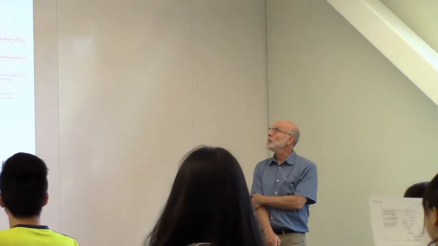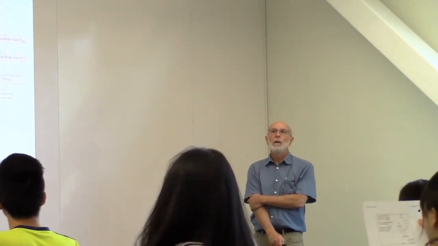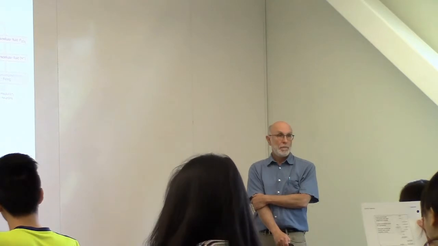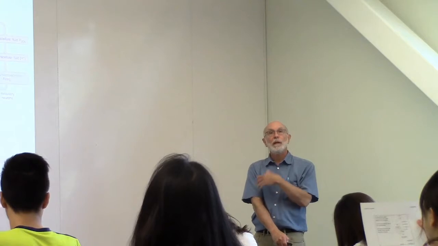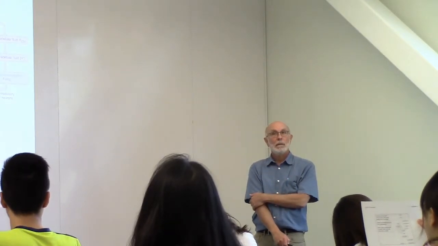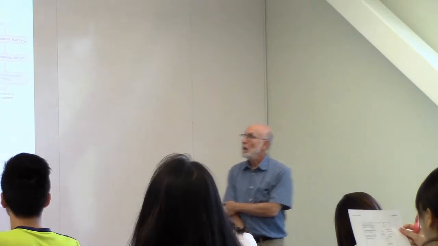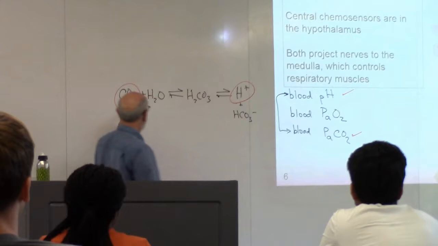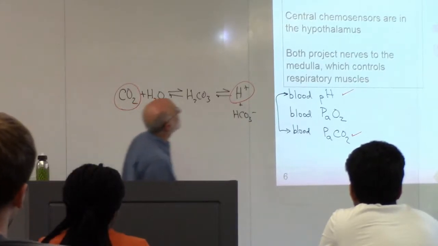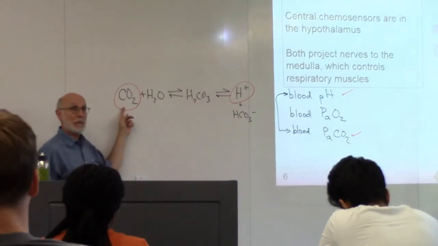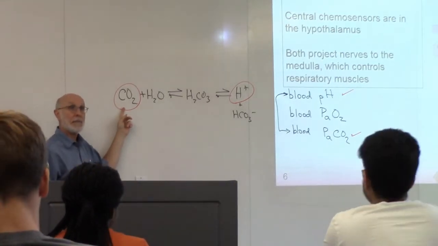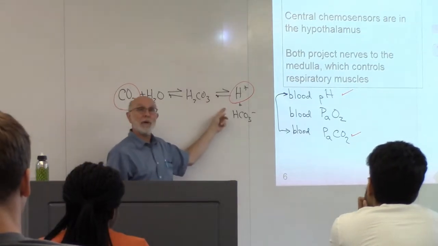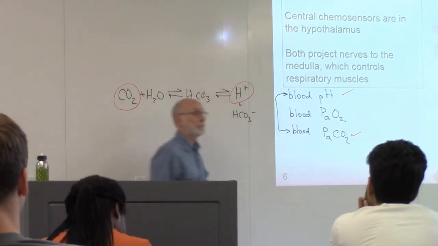If alveolar PCO2 goes above normal, we're talking about hypoventilation, which is associated with respiratory acidosis, high PCO2. Because we're not exhaling enough CO2, hypoventilation is associated with respiratory acidosis.